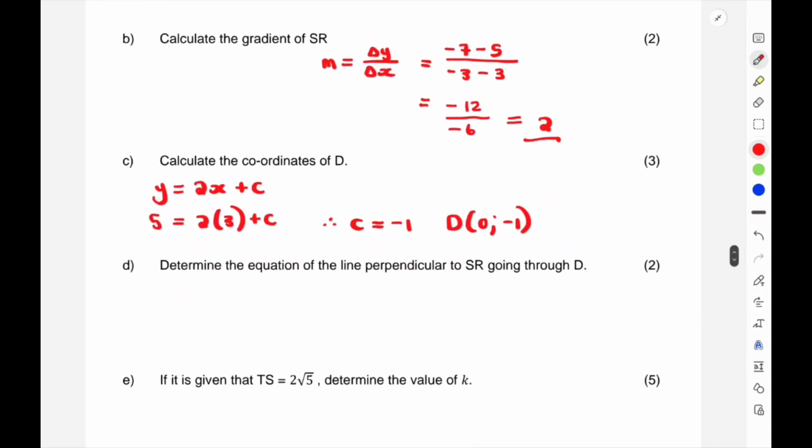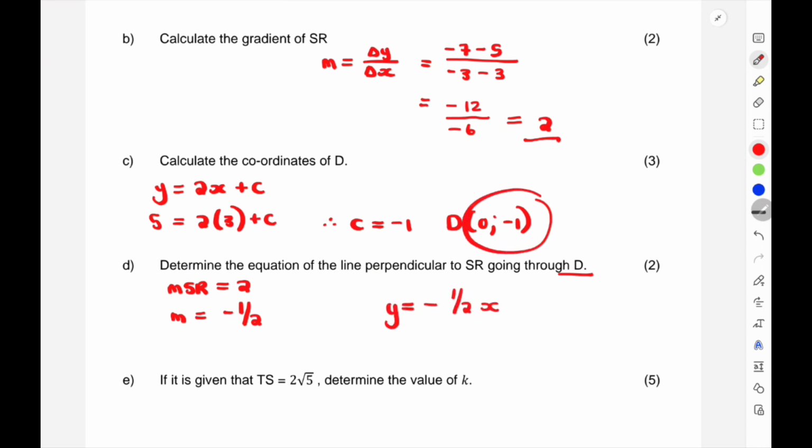We know that their gradients multiplied together give you negative 1. So if the gradient of SR is equal to 2, the gradient of a line perpendicular to that would be negative a half. And it goes through D, so it's going to be y is equal to negative a half x minus 1.